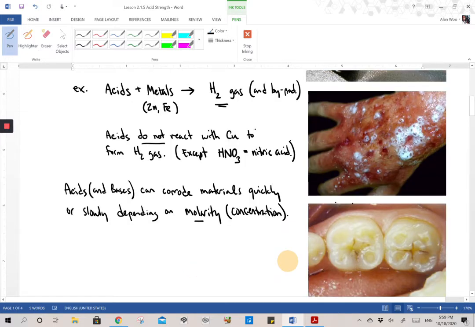So if we have acids that are, let's say, rather weak, HCl at 1 molar versus HCl at 6 molar, the 6 molar one would corrode metals more quickly.